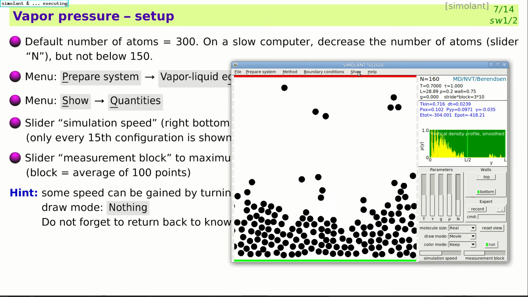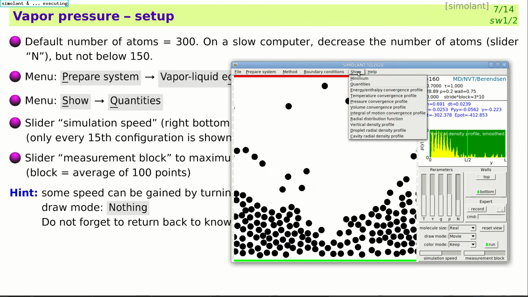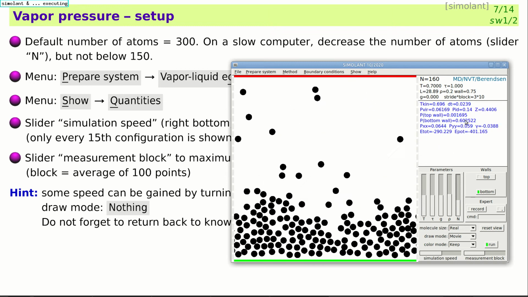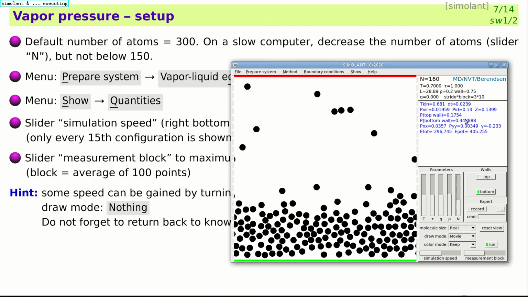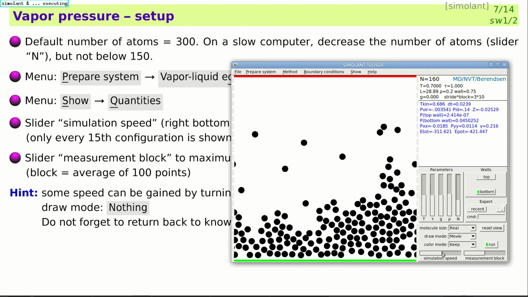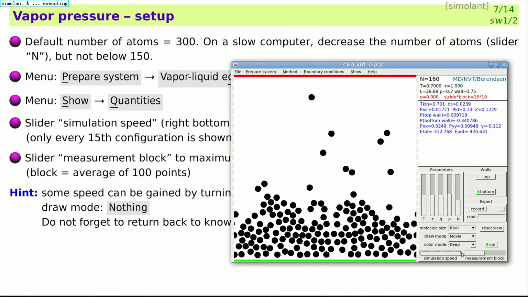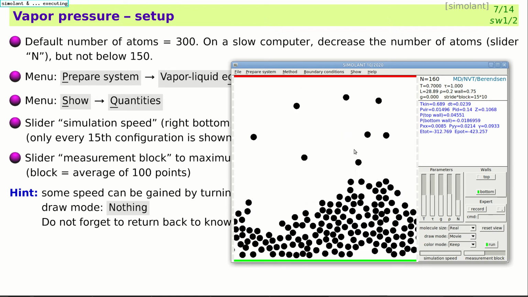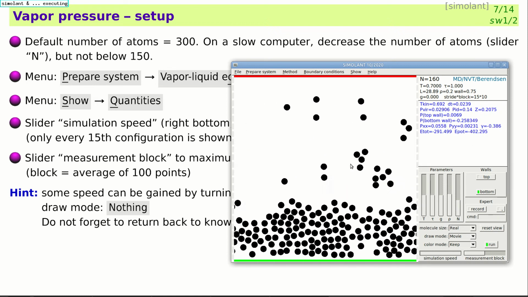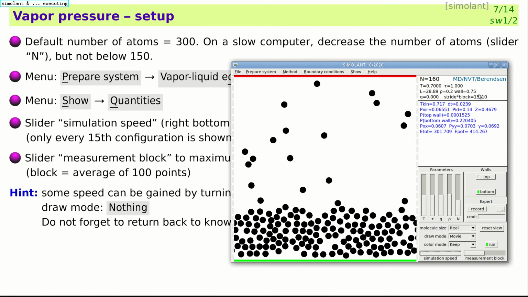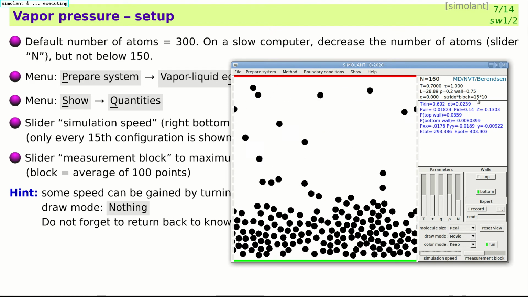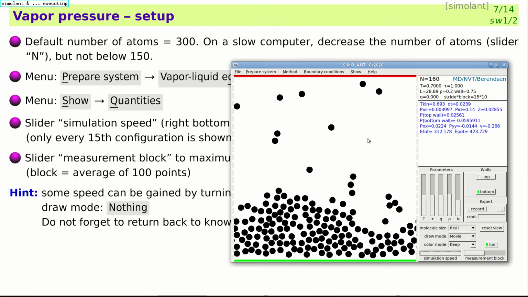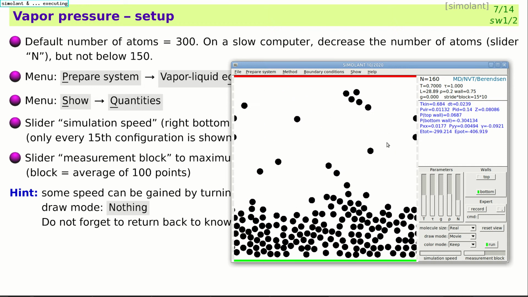For the calculations to be done properly, choose here show quantities. Here you will see the quantities calculated on the fly, and this will cause that the frames will be shown every 15th molecular dynamic step, so this looks faster, and also it will converge faster.